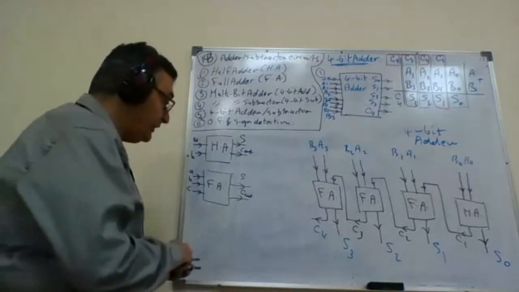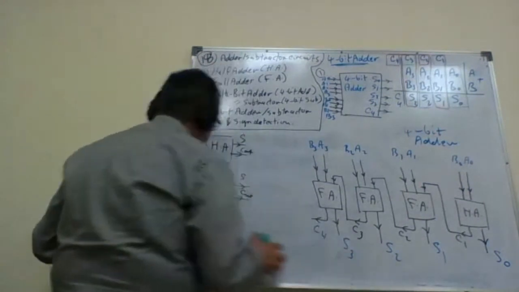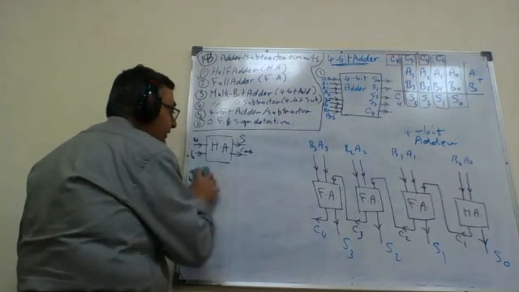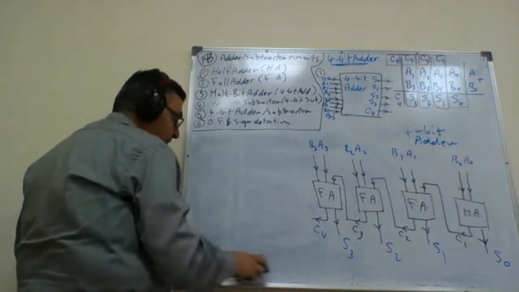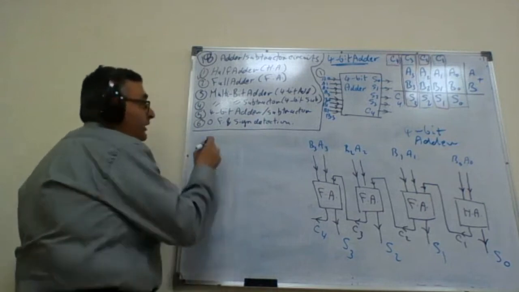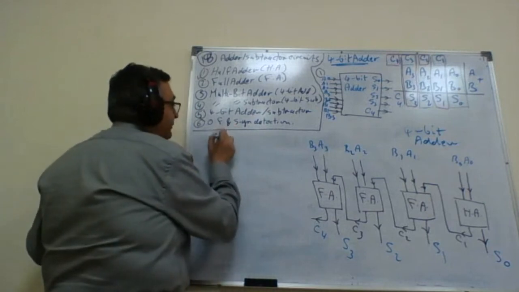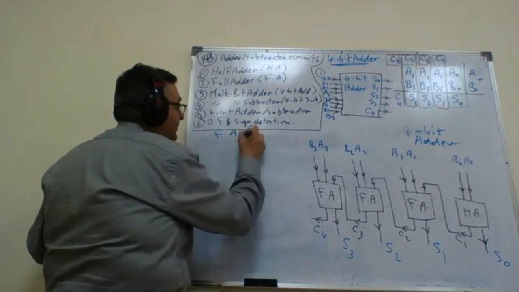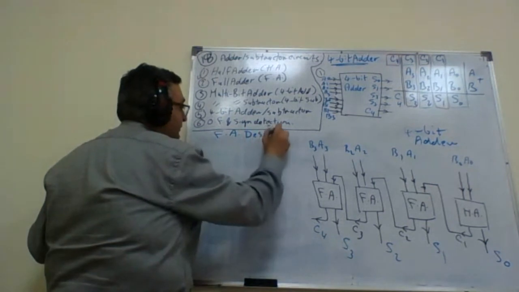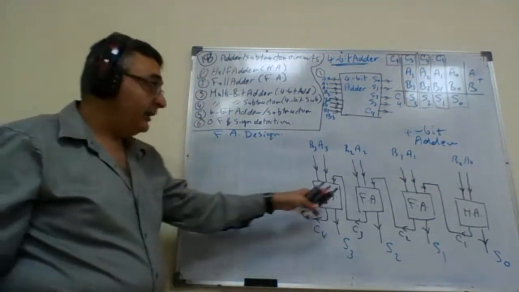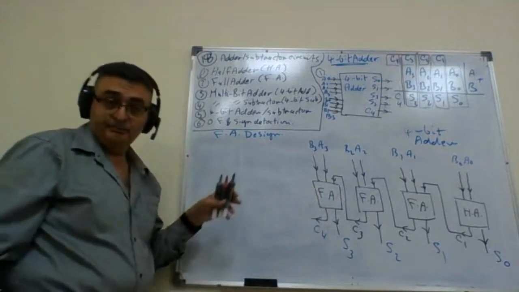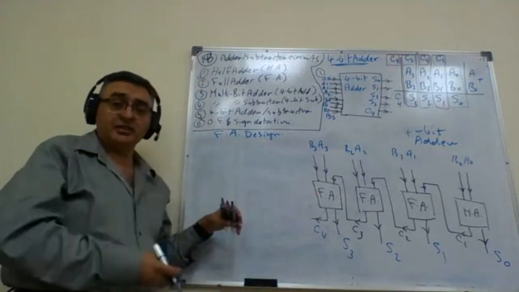Okay. So right now, will we be able to build a full adder? The answer is yes. So let's take the design for the full adder offline here. Full adder design. Can I build the full adder block using the standard design?